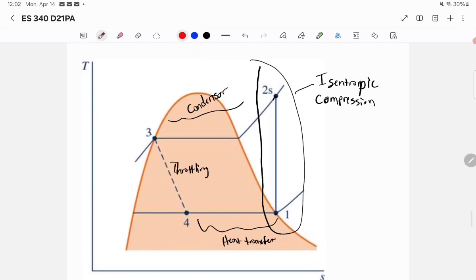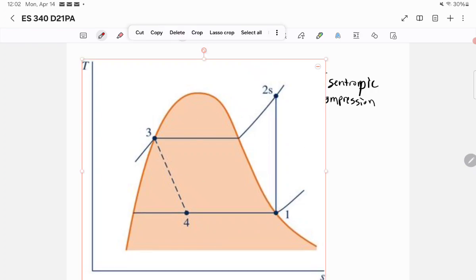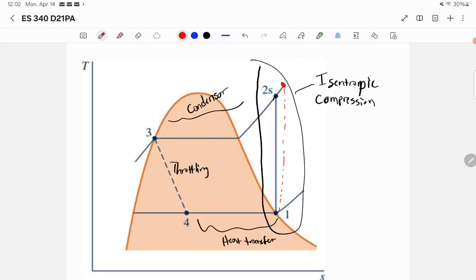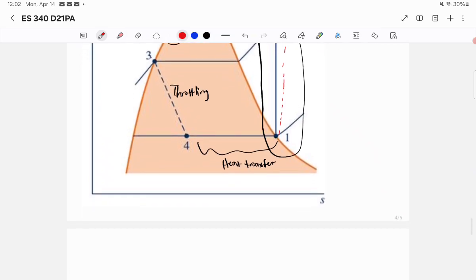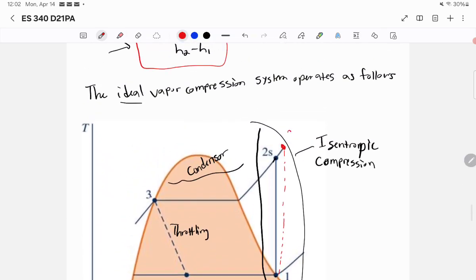Okay, now what ends up happening in the real world is we don't end up right at 2s, but we end up at 2. And we don't end up at 3.